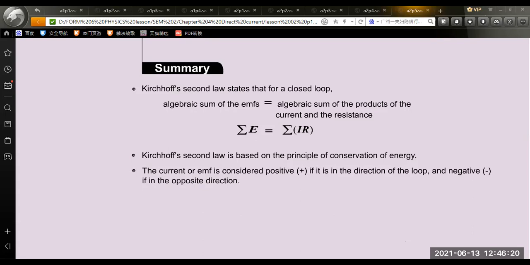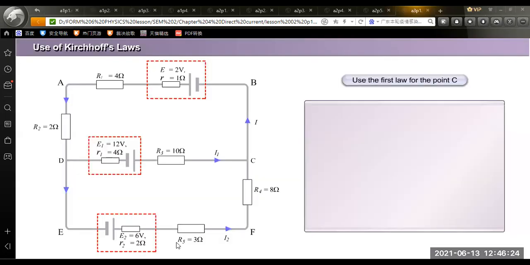Finally, we apply both of Kirchhoff's laws to solve the problems. Now, for the second situation, given the EMFs of 2 volts, 12 volts, and 6 volts, and resistors of 3, 10, 2, and 4 ohms.